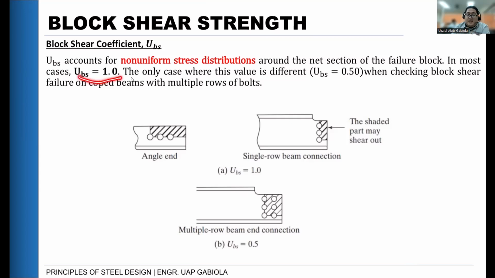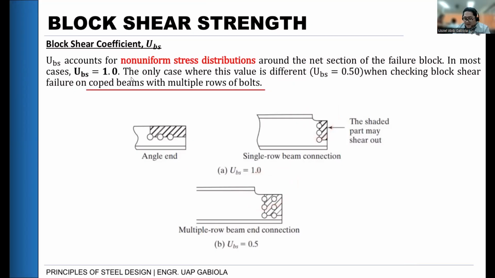So the only case where this value will be different is when the block shear is on cope beams with multiple rows of bolts. So we specify this. Only here will it be 0.5, or only here will the value differ. A cope beam looks like this kind of beam, the one with a chamfer like that. So why does that happen?